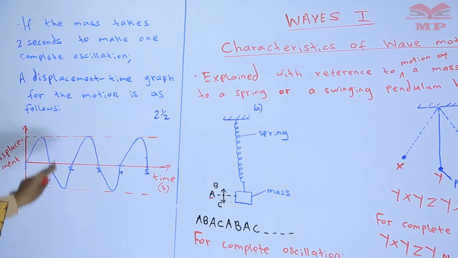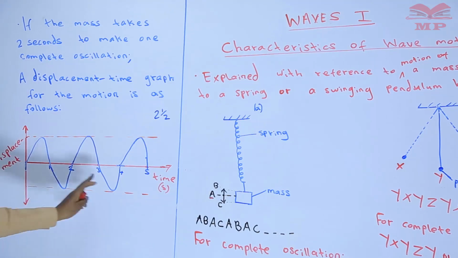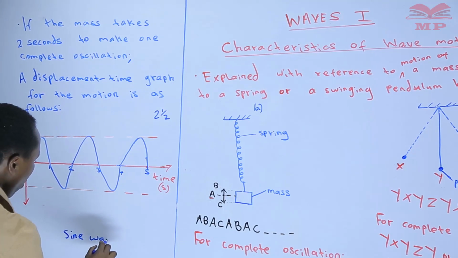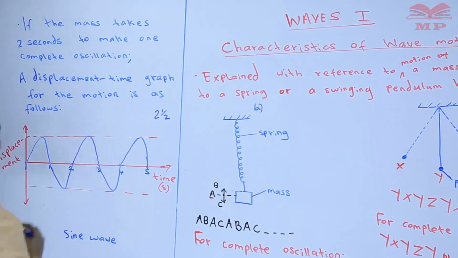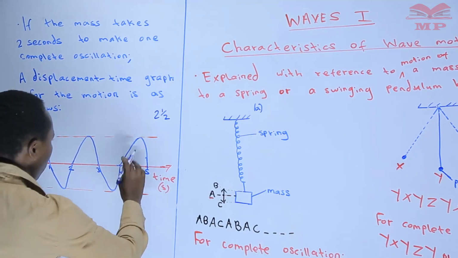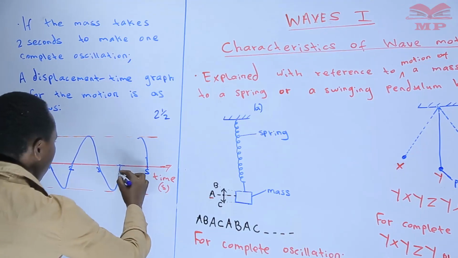So from this displacement time wave, we want now to look at terms associated with waves. This is actually a sine wave, as you can see. So that is the crest alternating with the trough, crest, trough, crest, trough, and so on. And of course, when you are plotting these curves, ensure that it's a smooth one, just like in mathematics.